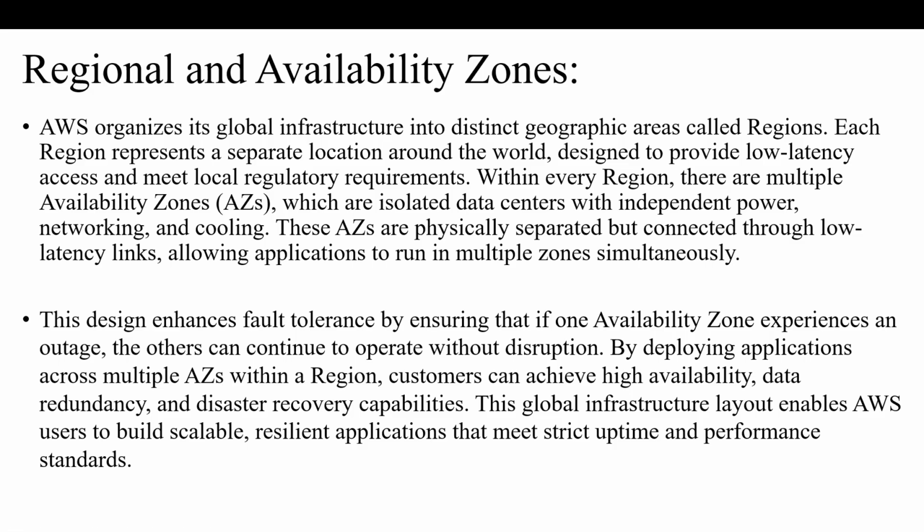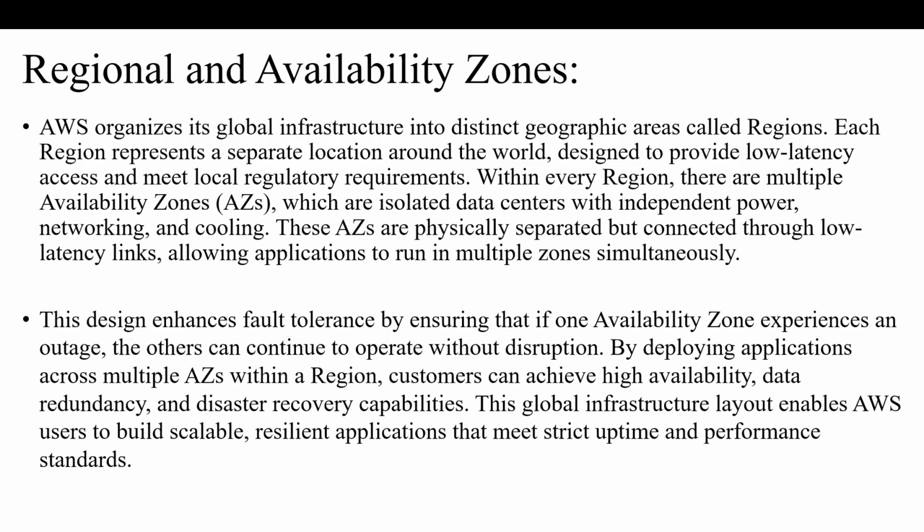Regions and availability zones. AWS organizes its global infrastructure into distinct geographic areas called regions. Each region represents a separate location around the world designated to provide low latency access and meet local regulatory requirements. Within every region, there are multiple availability zones, which are isolated data centers with independent power, networking, and cooling. These AZs are physically separated but connected through low latency links, allowing applications to run in multiple zones simultaneously.